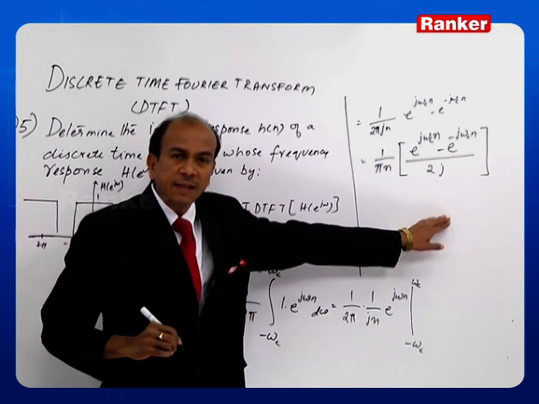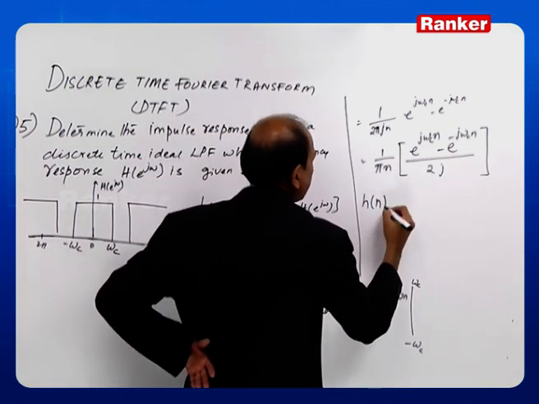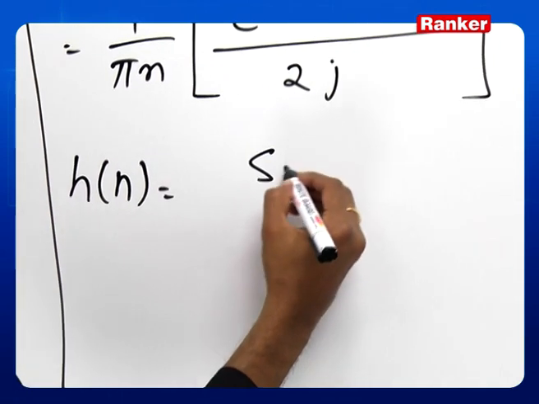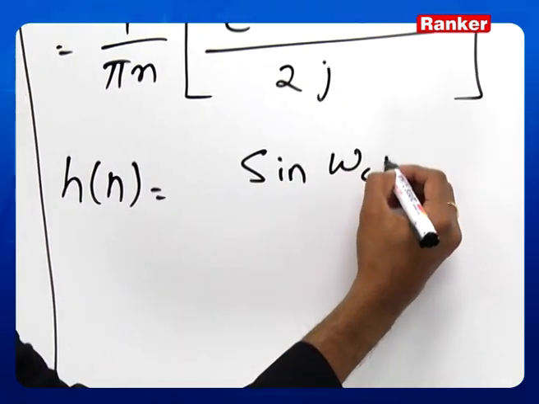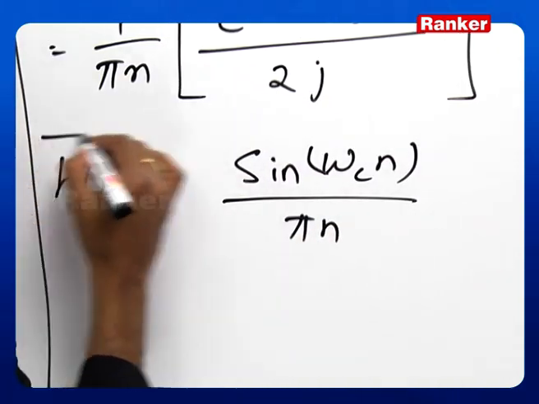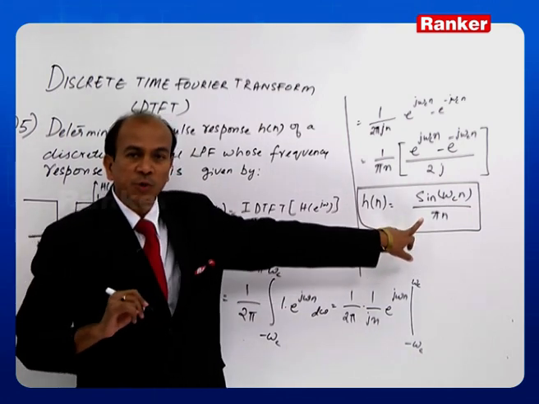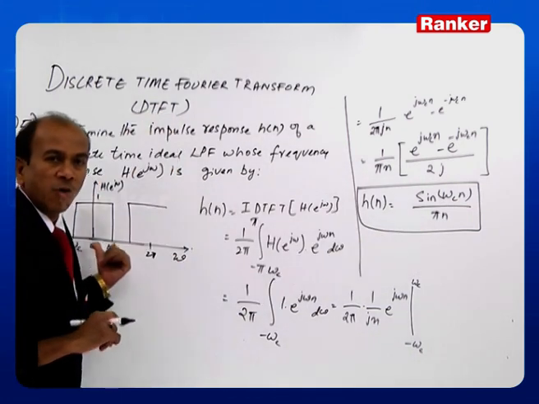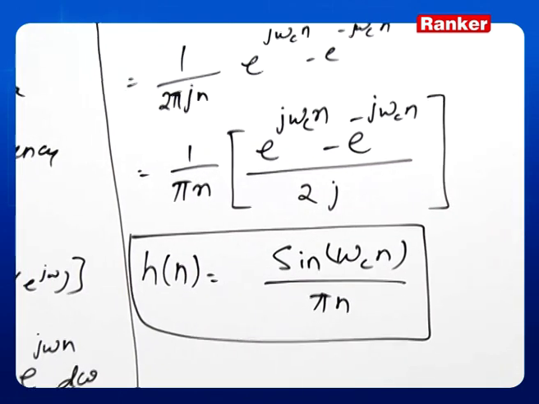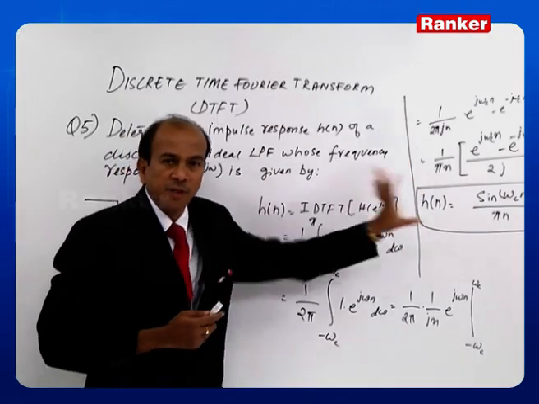As you see here, this is a sine function. So, I can write h of n is equal to sine of omega c n by pi n. So, this is our impulse response for the given ideal low pass filter with the given frequency response.